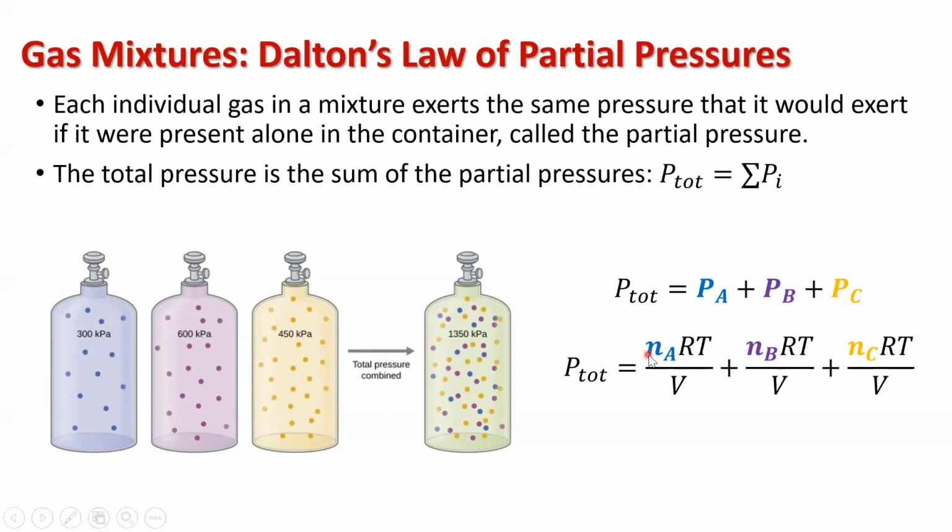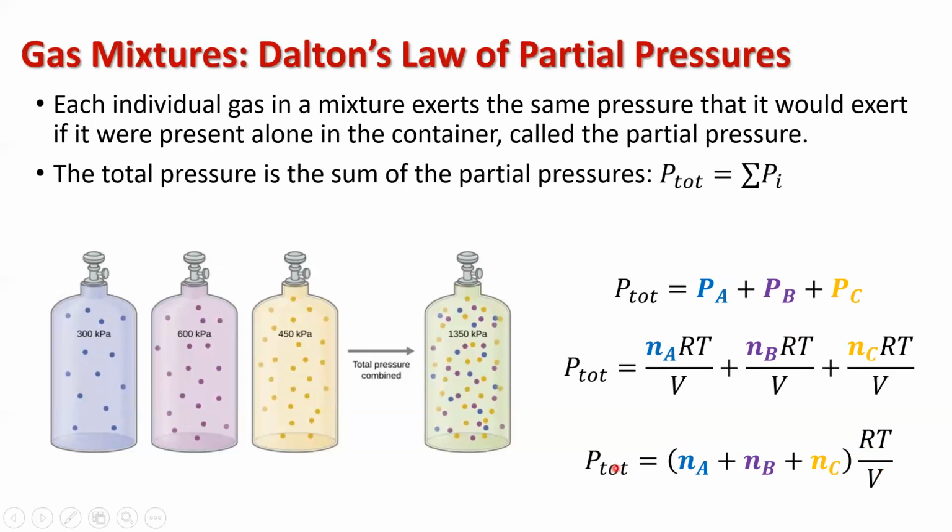Pressure would equal nRT over V. So this would be gas A, this would be gas B, and this would be gas C. Since the gases are all at the same temperature and in the same container, so their volume is the same, we could pull out nA, nB and nC and rewrite this equation just a little bit and show that the sum of the moles of each of the individual gases times RT divided by V gives us our total pressure.